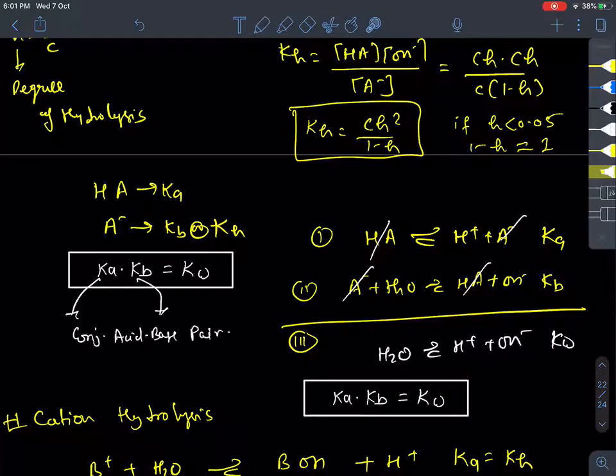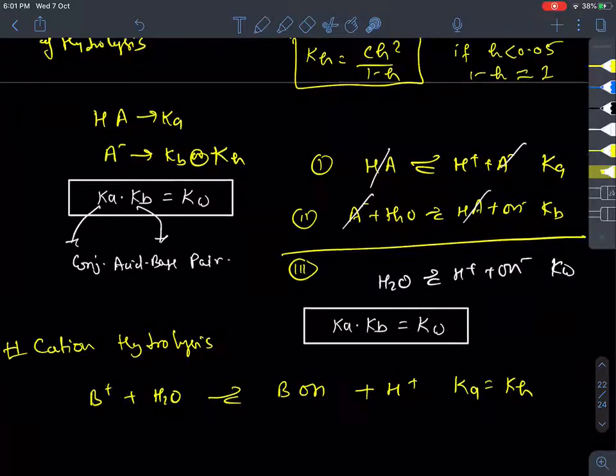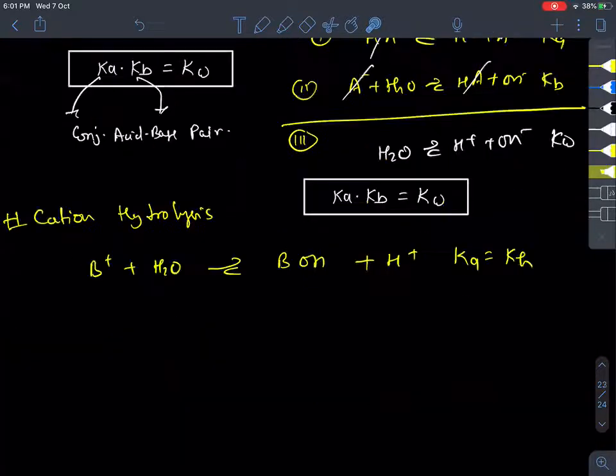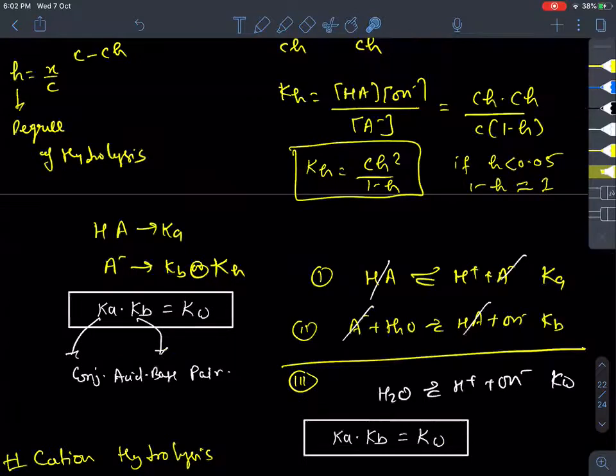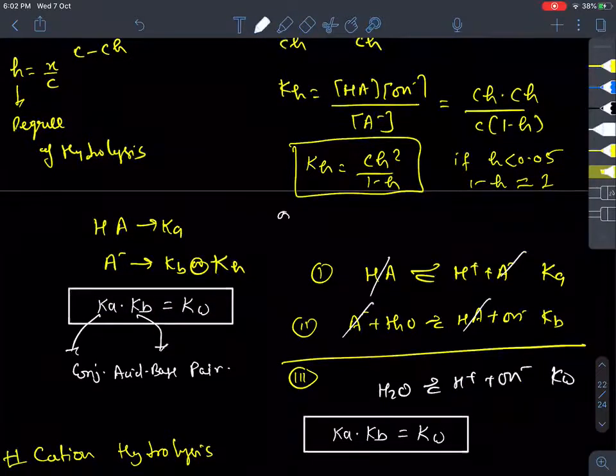What I mean to say is that the Ka and Kb terms here are of HA and A minus, and HA and A minus are a conjugate acid and base pair. So if in the examination they are not giving you the value of Kh, rather they gave you the value of Ka, then can't you figure out that the value of Kb will be simply Kw by Ka. So you can use it here also. Kw by Ka.